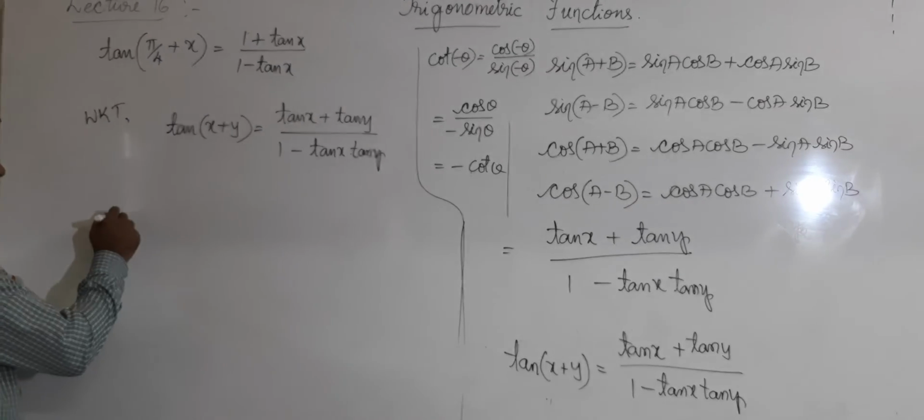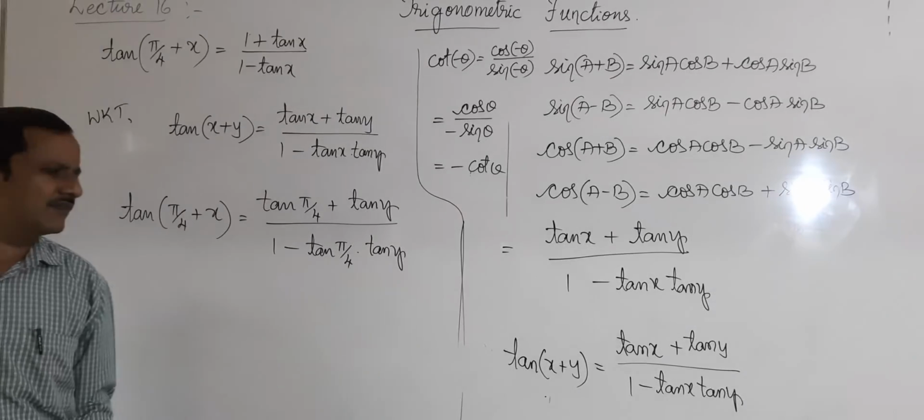So then tan of pi by 4 plus x is equal to tan pi by 4 plus tan y divided by 1 minus tan pi by 4 into tan y.